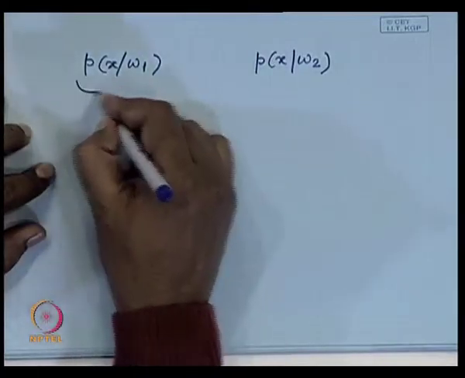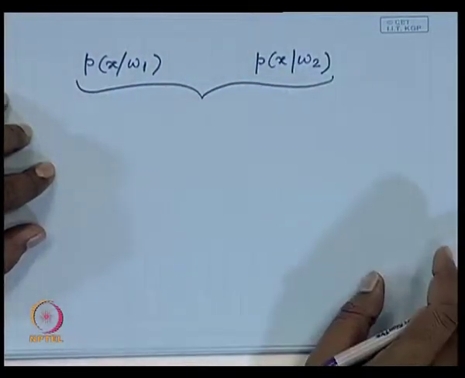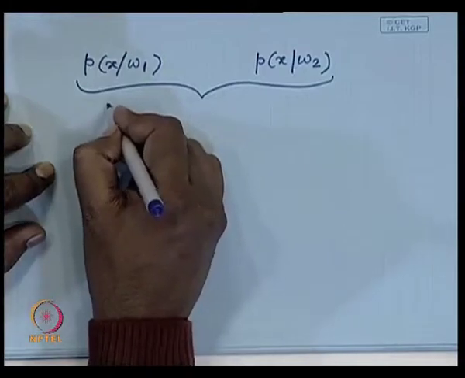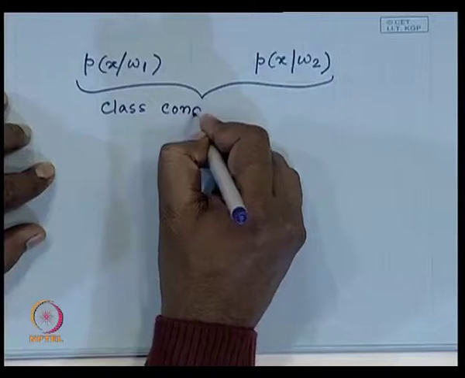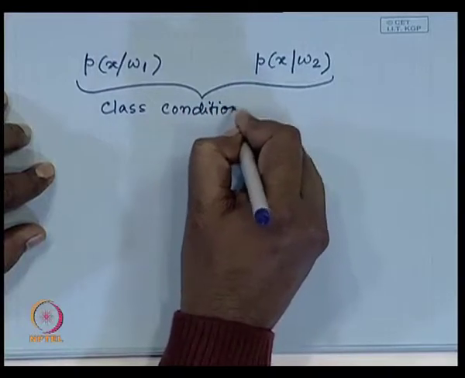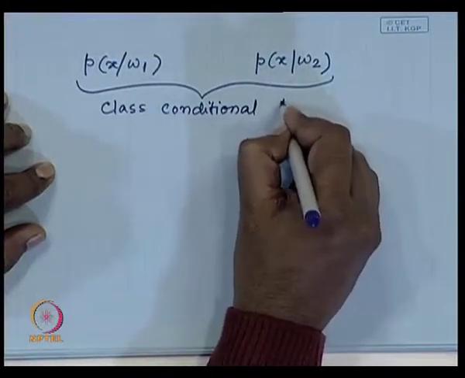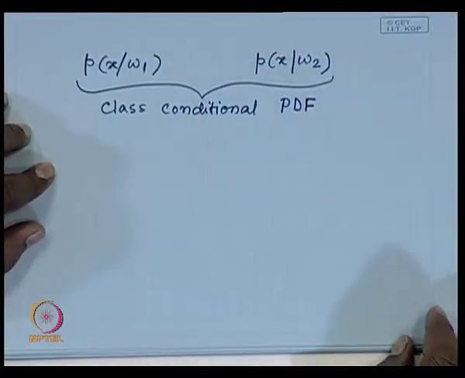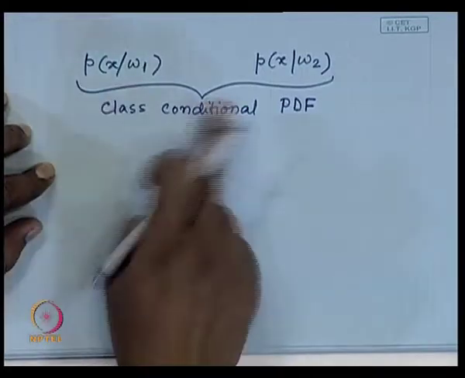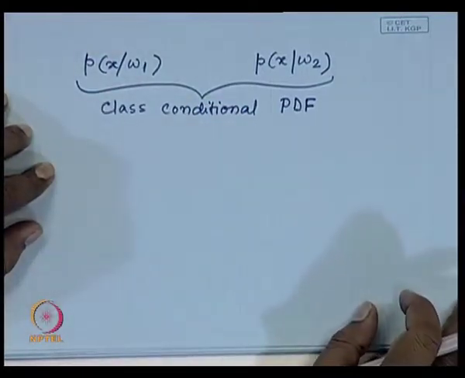These are the probability density functions which are called class conditional probability density functions, or class conditional PDF. So, I have p of x given omega 1, and p of x given omega 2.